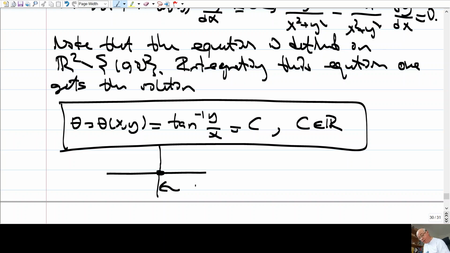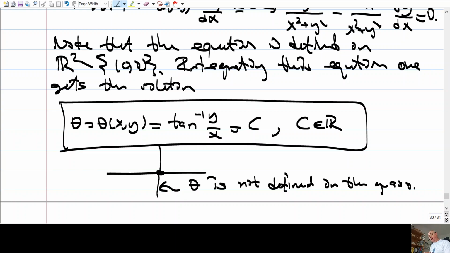So theta is not defined on the y-axis because x is 0 there. Therefore, you don't get a solution defined on the whole R2 minus 0.